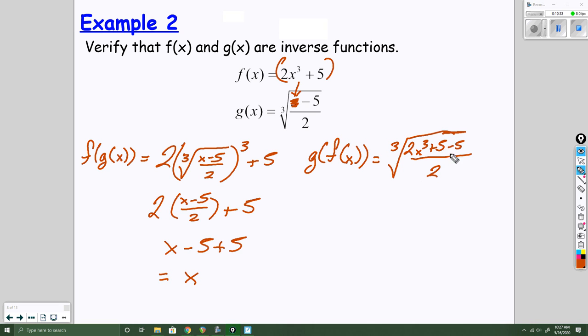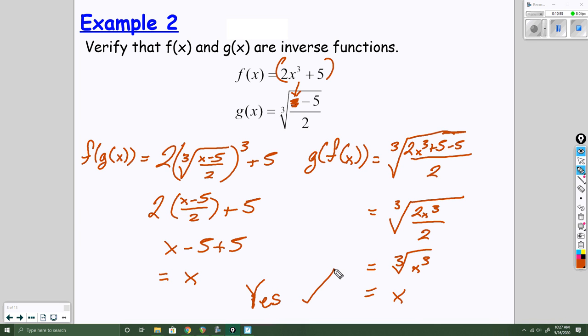Now I'm looking inside this radical, and we see that plus 5 minus 5, so simplify it a little bit there. So we have 2x cubed over 2 inside that radical, and then 2 divided by 2 cancels out. So we have the cubed root of x cubed, which is just x. So once again, yes.